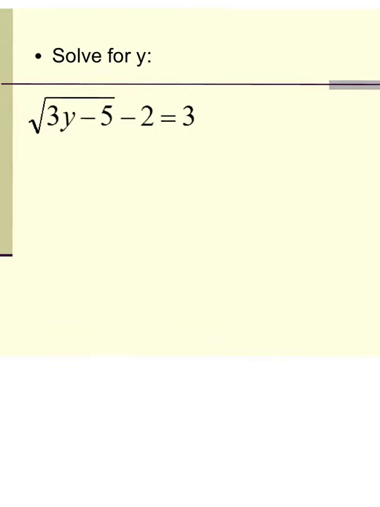Again, the first thing I want to do when I'm solving a radical equation is look and see, is the radical by itself? It's not. So I'm going to add 2, because notice right here, the radical doesn't go over that. And I get the square root of 3y minus 5 equals 5.